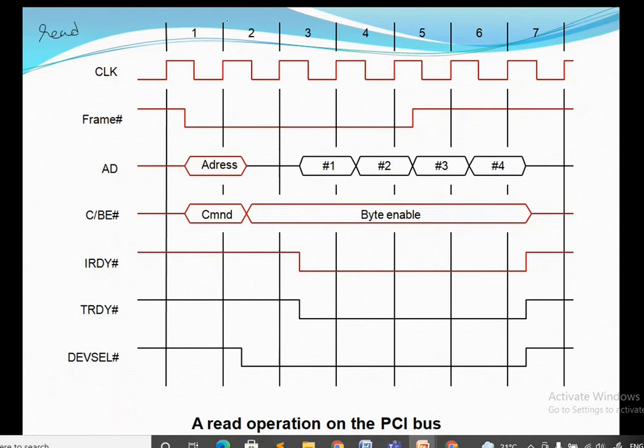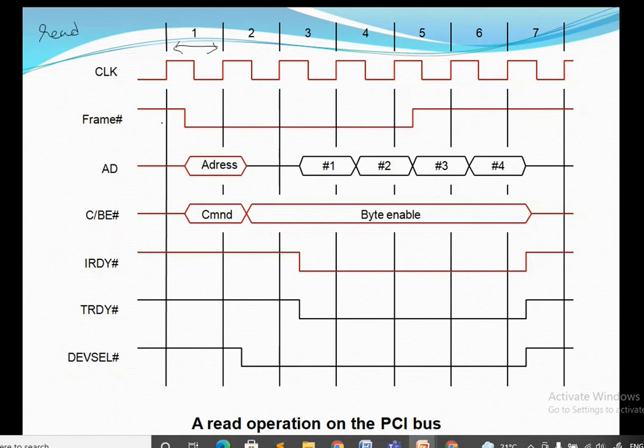We'll start with clock one. I am going to explain in terms of the clock: at each clock, what step takes place? During clock one, the processor asserts FRAME#, a signal that indicates the beginning of the transaction. It is going to tell that it is beginning the operation, and for that it sends this signal over the PCI bus.